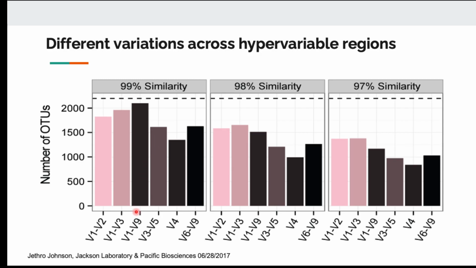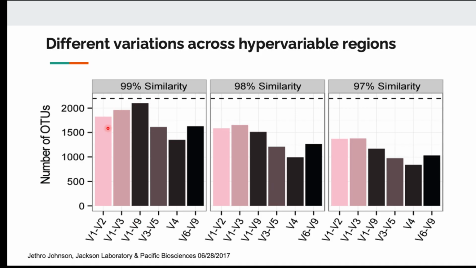Of course, if you have a longer read, you're going to be able to distinguish more organisms. The y-axis here is the number of OTUs. The more OTUs you see, the higher the resolution; you can distinguish two organisms apart. If you have the whole region, V1 to V9, you see the highest number of OTUs.